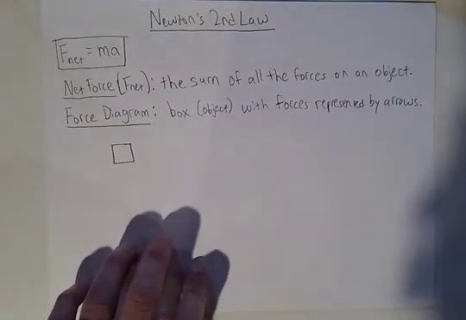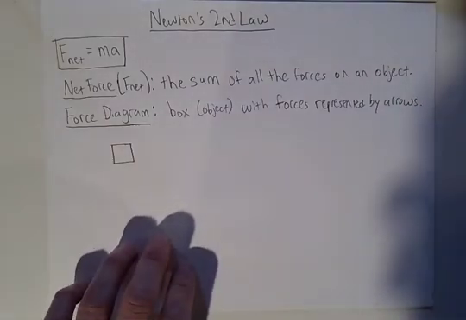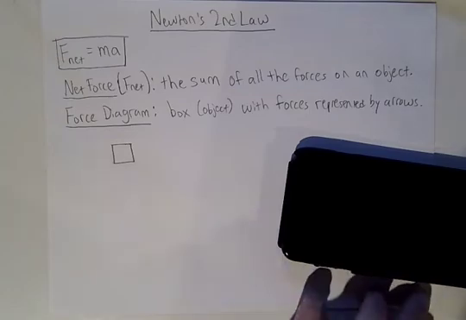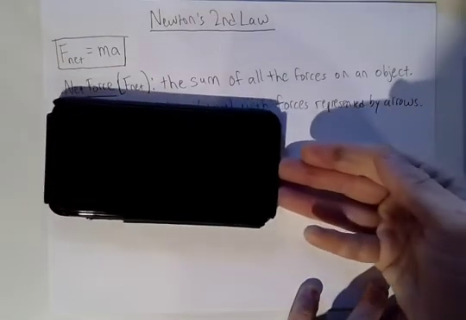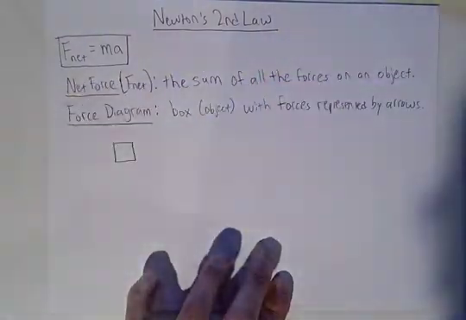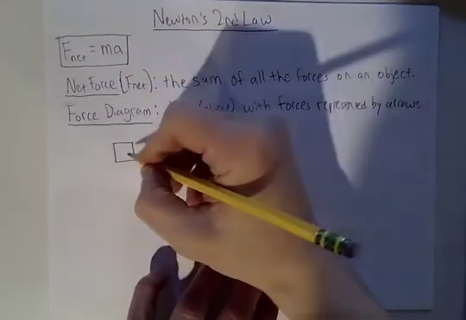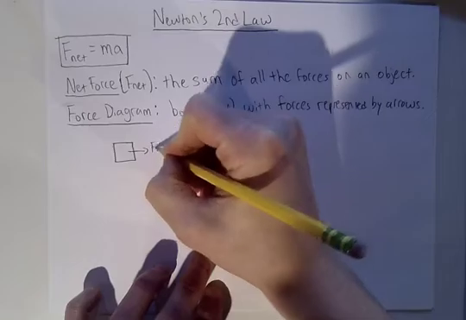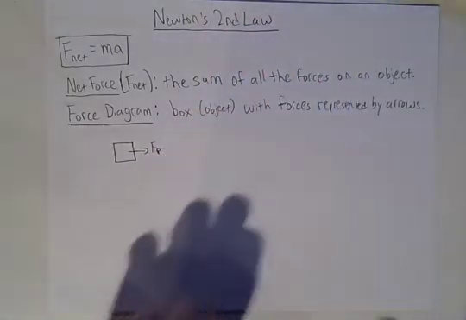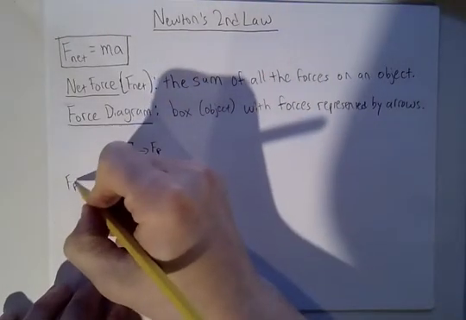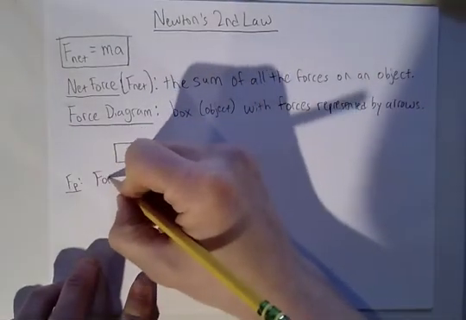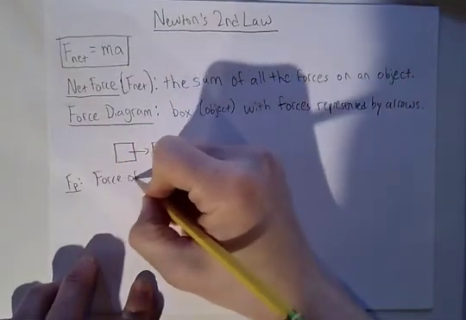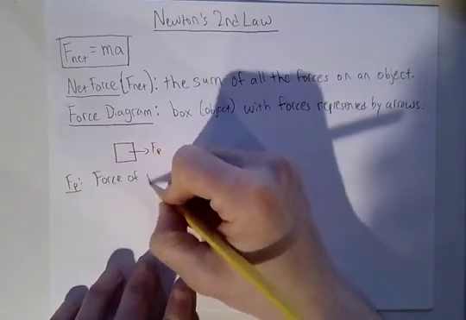So we'll draw a box to represent our object, say the phone, and I could push the phone forward, and that's a force from my hand, that push, sending it forward. We're going to call it to the right. And that push from my hand is called FP, the force of push.